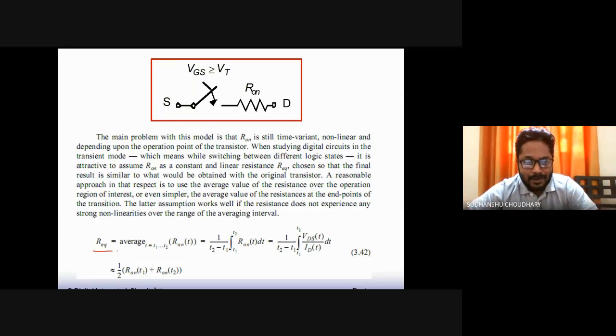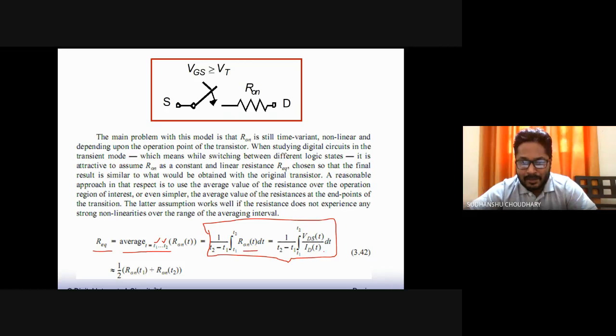How is this R equivalent, that is, the equivalent on resistance, calculated? This is calculated by considering the average resistance values in the region of operation of interest. Let's say my regions of operation of interest are T1 and T2. The on resistance can be given by this relation, that is, the average value between T1 and T2: 1 by T2 minus T1, integration T1 to T2 of R on (t) dt.